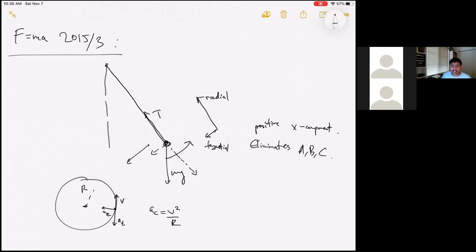E has outward radial acceleration, which doesn't make sense because the pendulum's trajectory is an arc of a circle. There must be an inward-pointing centripetal acceleration. So therefore, the answer is D. To recap, tangential removes A, B, and C, and then analysis of radial tells us it's D.